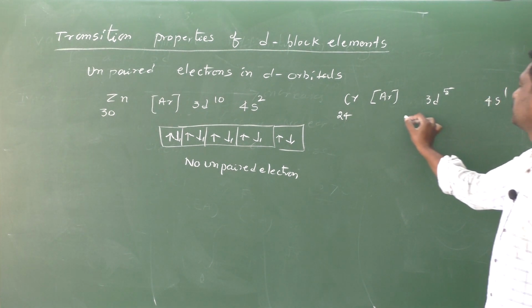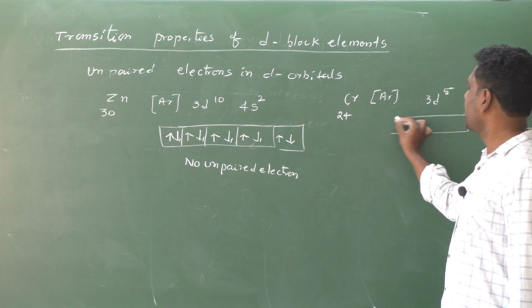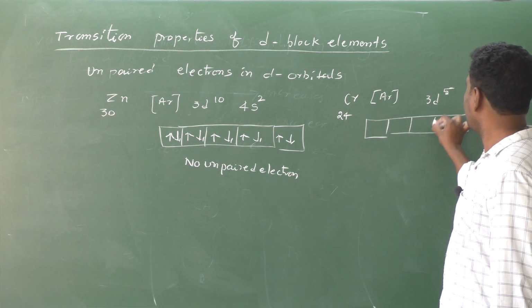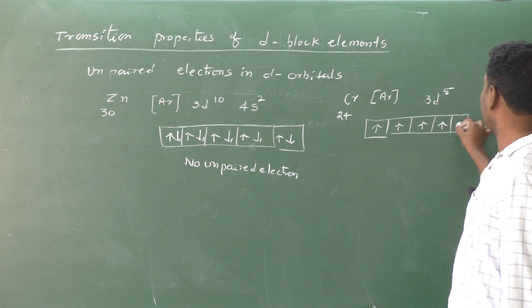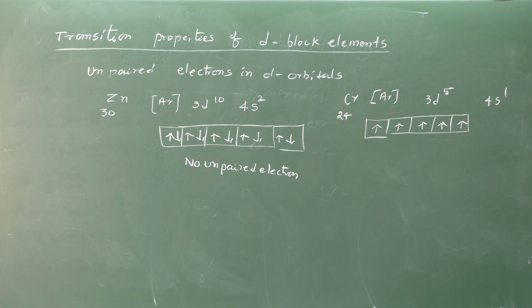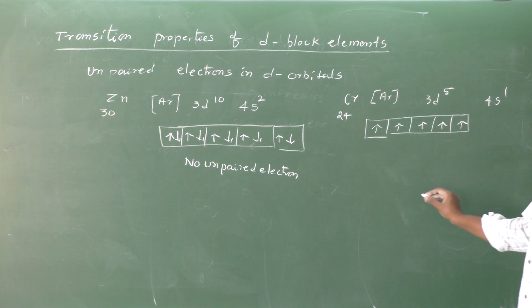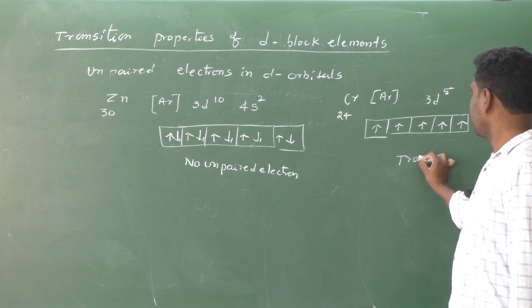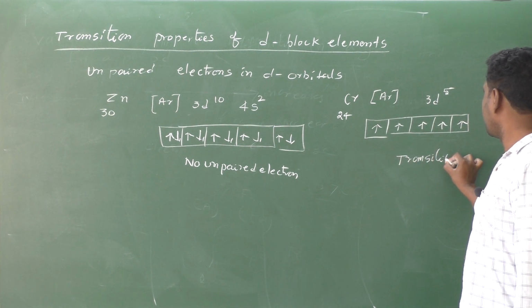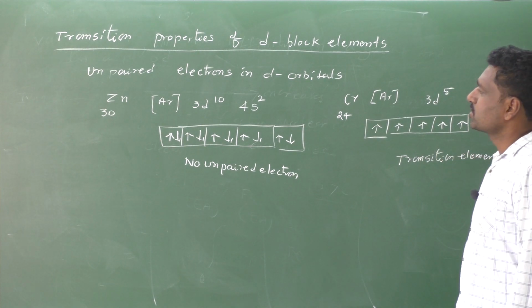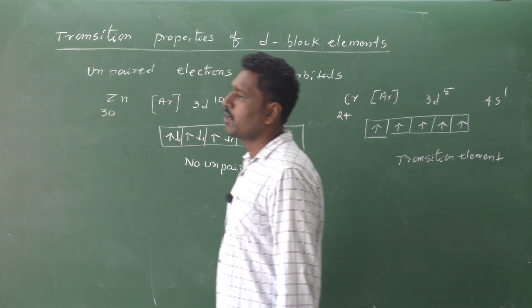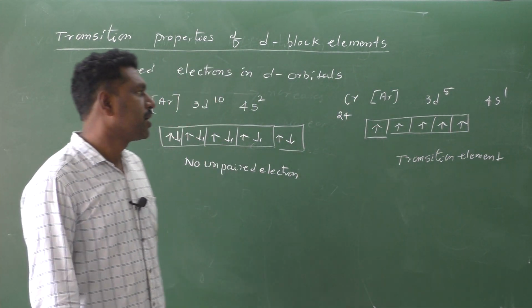Here in the d orbital there are 5 unpaired electrons. Therefore, it is considered a transition element. Zinc, which has no unpaired electrons, is not considered a transition element.